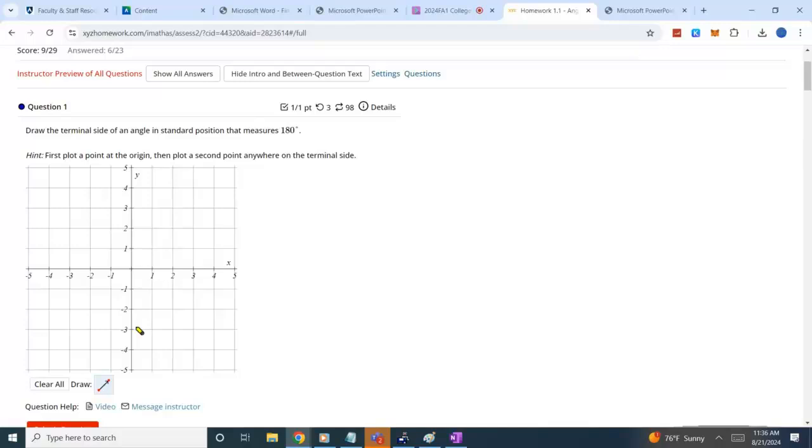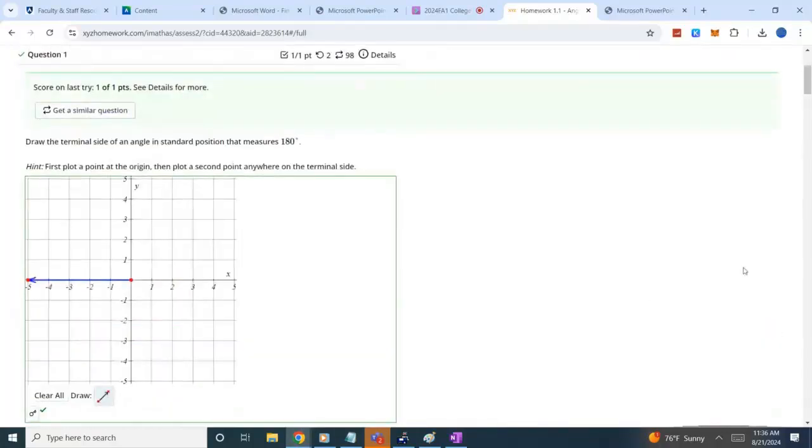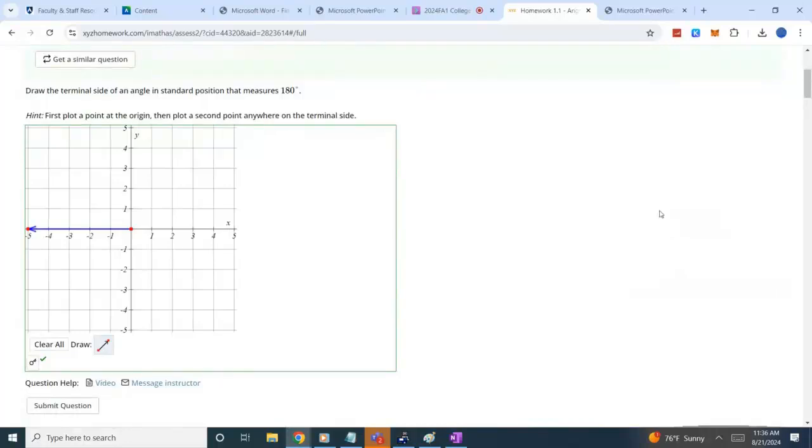Where will my terminal side go? On the other side. So for this question, I only want to plot the terminal side. So I'm going to place a point at the origin, right? And that should be the graph.